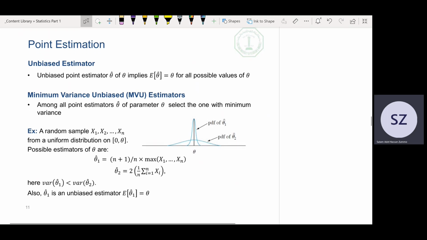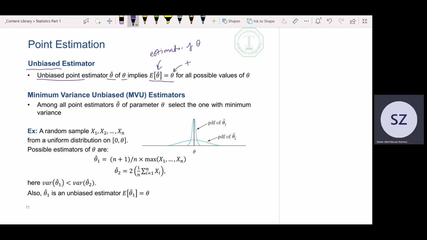The first property of a good estimator is called an unbiased estimator. Unbiased, for a point estimator theta hat of theta, means that the expected value of theta hat equals theta. Theta hat is the estimator of theta.